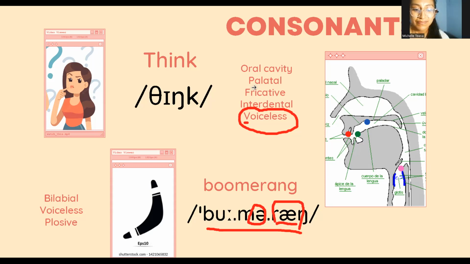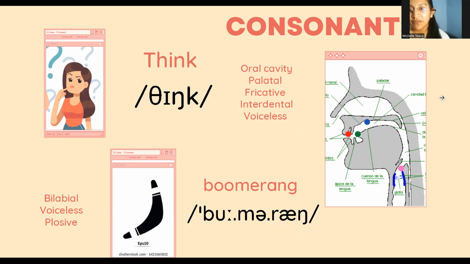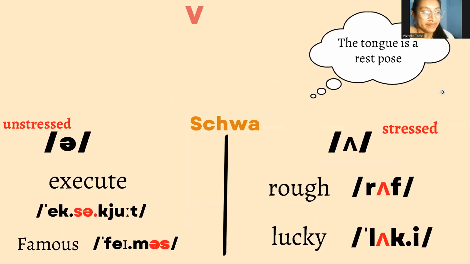Excellent. Now it is correct. Very good. Okay, and this word contains a plosive or stop because our consonant sounds are formed by completely stopping airflow. Thanks. Okay, thank you. Very good.